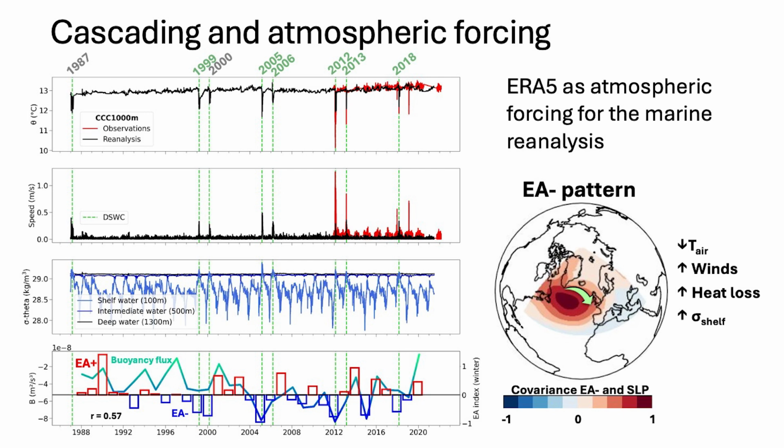The atmospheric forcing for that reanalysis is ERA5. So we calculate the fluxes, and we also see the correlation with a large scale atmospheric pattern, the East Atlantic atmospheric pattern in a negative phase that induces cold air and stronger winds.